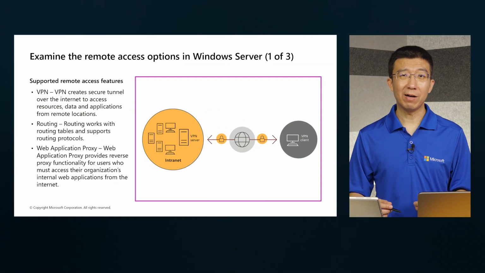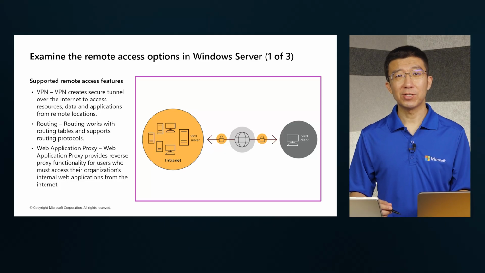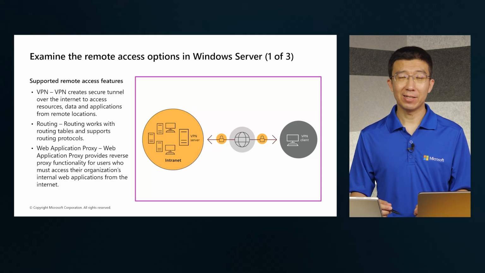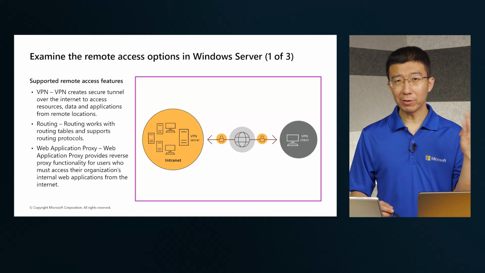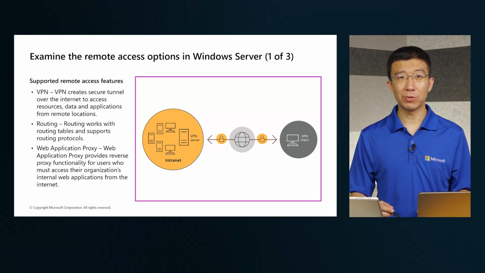Windows Server offers several remote access features. VPN, or Virtual Private Network, creates a secure tunnel over the internet so users can access resources, data, and applications from anywhere. Routing allows the server to act as a router, supporting routing tables and protocols.